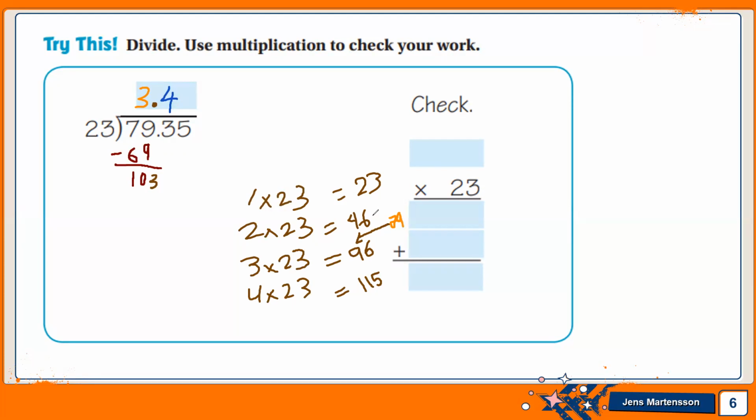What is the number that is less than 79? 46. 46 is 23 multiplied by 2.